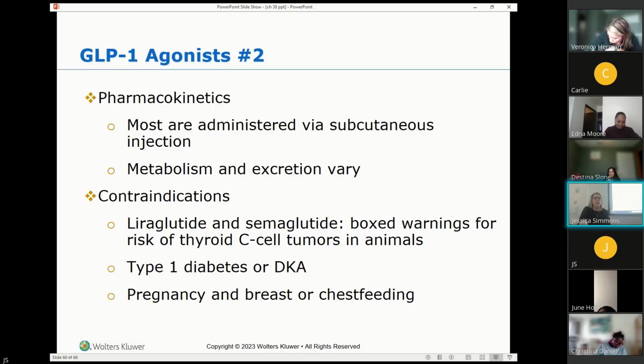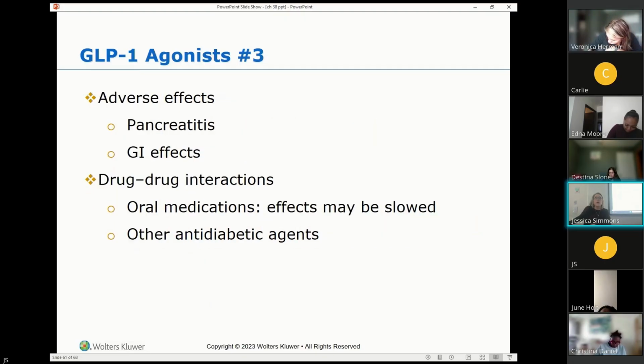It is contraindicated in patients with type 1 diabetes or DKA, and for patients that are pregnant, breast, or chest feeding. A huge adverse effect is pancreatitis. That's probably your biggest one.